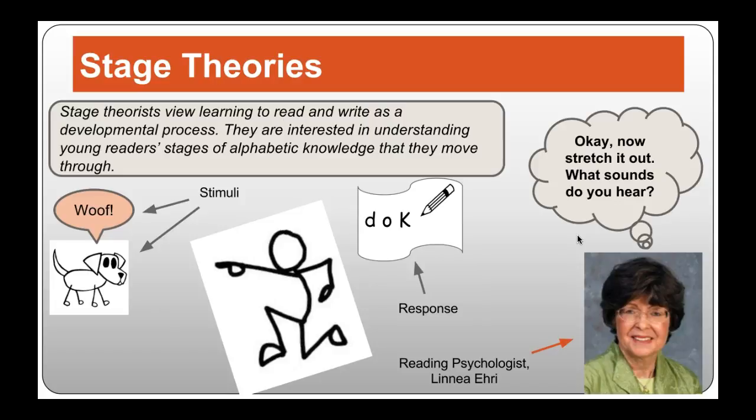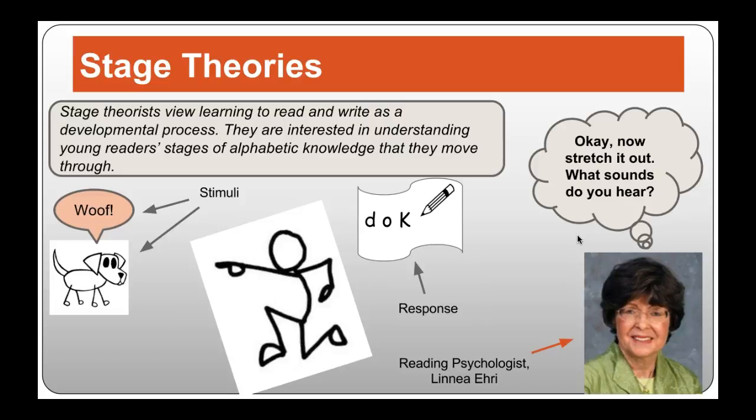So stage theorists are interested in understanding in particular young readers, stages of alphabetic knowledge that they move through. So it's really focused on development. It's grounded very much in some of those information processing theorists, but they're rather more focused on that process of change over time or development as readers grow and as they develop alphabetic knowledge, right?